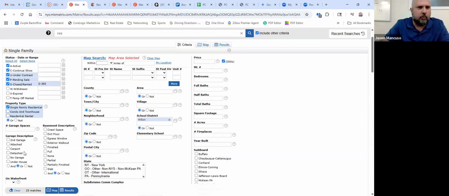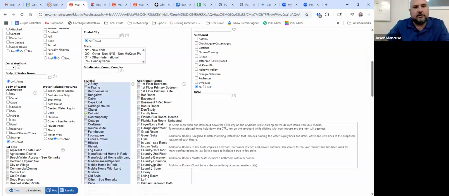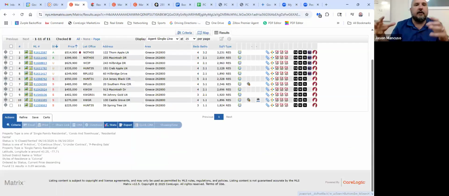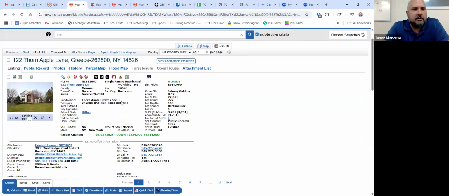Regardless, since there's only 25 comparables, I'm just going to look at all the colonials to see if that narrows things down. And it does, to 11. So now I have a large enough but small enough sample to pick from and see which of these individual properties I feel are directly comparable to this property.